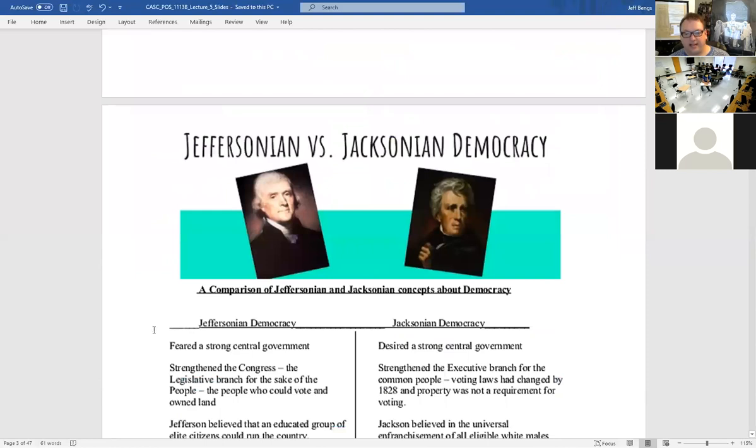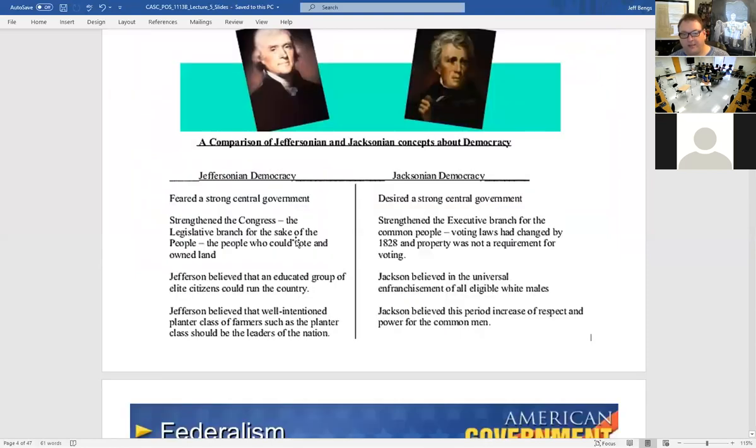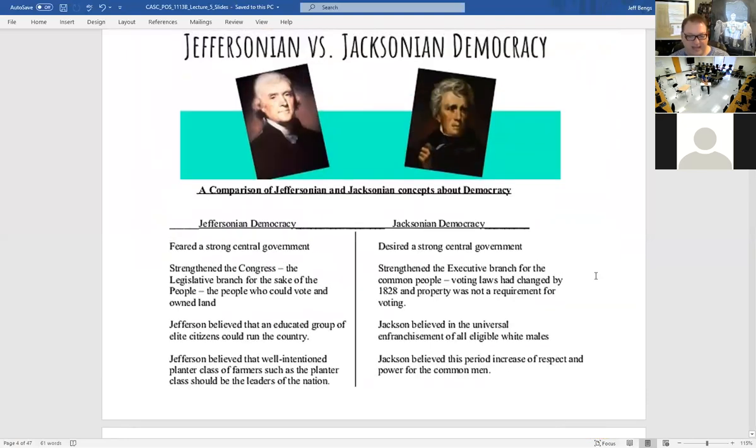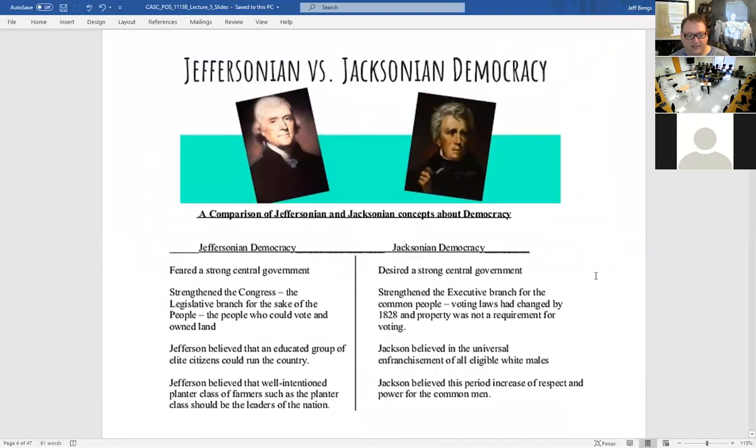Jefferson moved it to where Congress was more diverse with both the rich and the common people. When Jackson came in, he looked at the presidency as an office that was for all the people. And so he wanted to form a stronger link between the common people and the presidency.